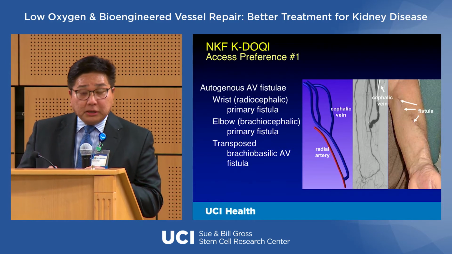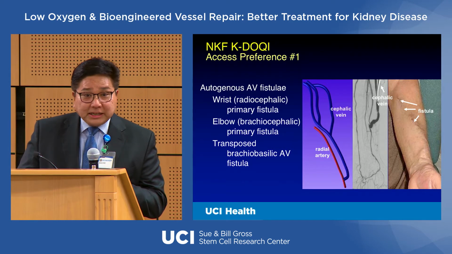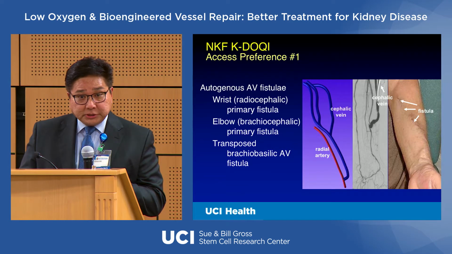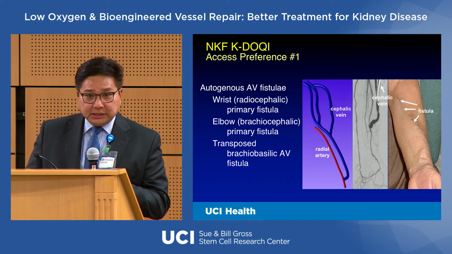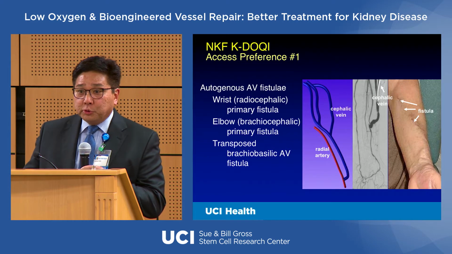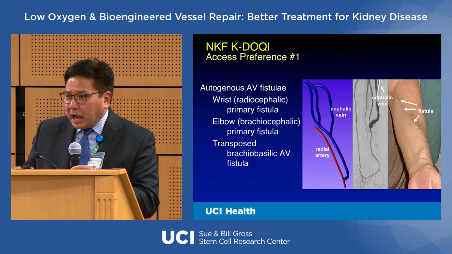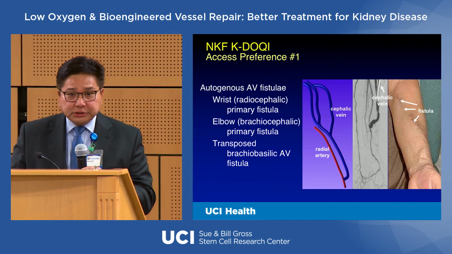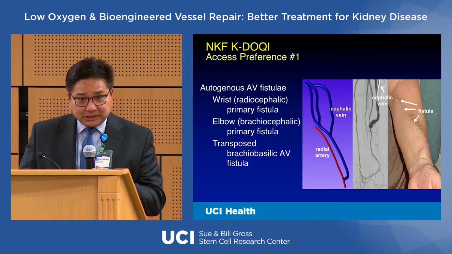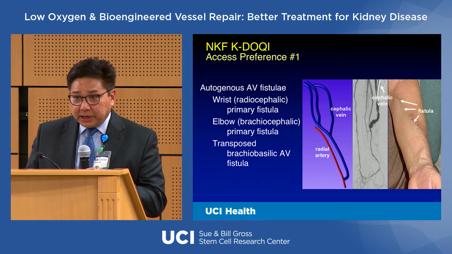So they came up with the Kidney Disease Outcomes Quality Initiative. So that's why this is called the KDOQI, Kidney Disease Outcomes Quality Initiative, to improve the care of patients who have kidney disease. One of the initiatives to look at is how can we best serve patients by providing access so that they can receive hemodialysis.